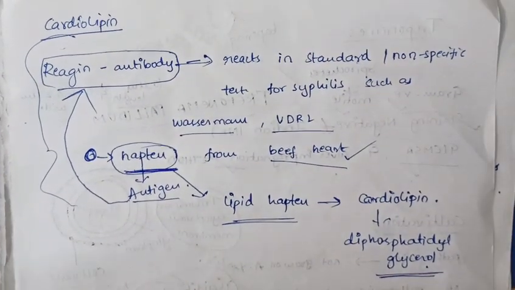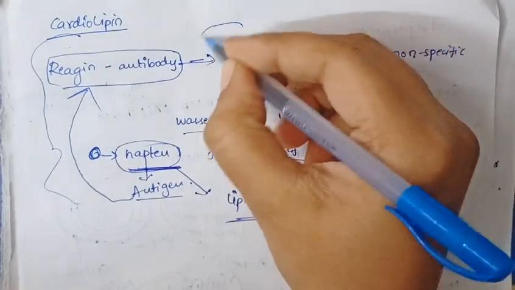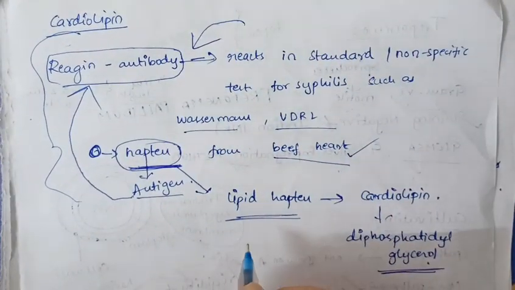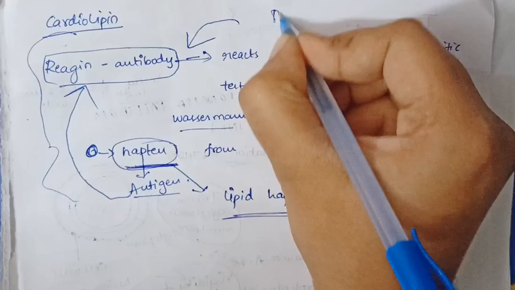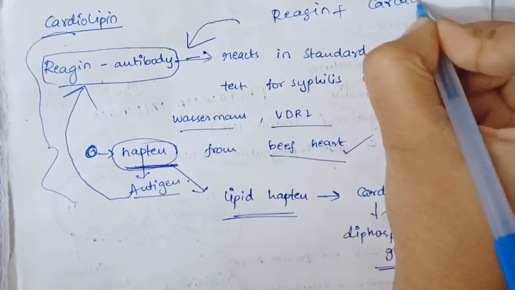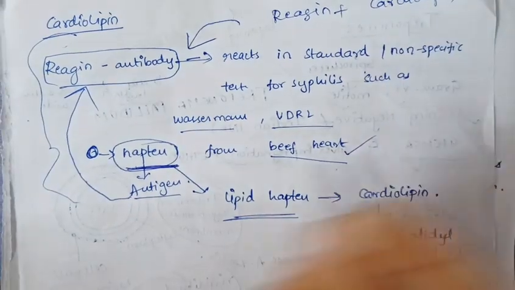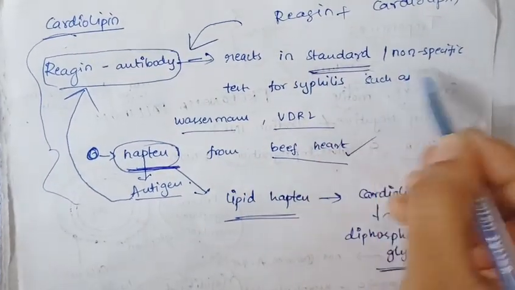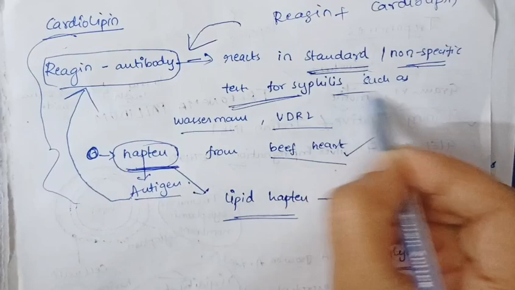And this cardiolipin antigen readily reacts with the reagin antibody, and the reaction of reagin with cardiolipin is termed a standard non-specific test for syphilis.